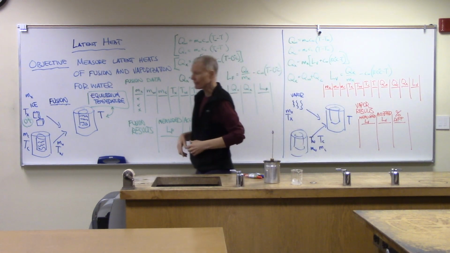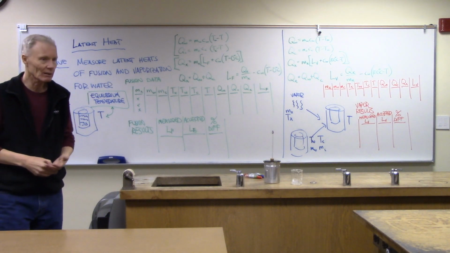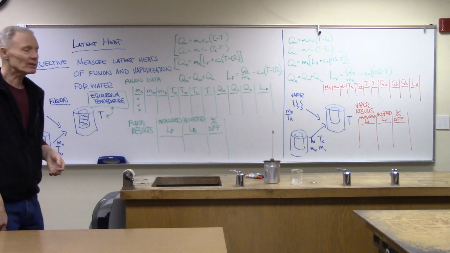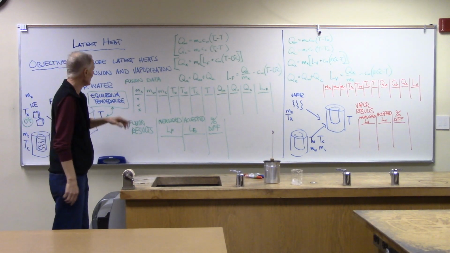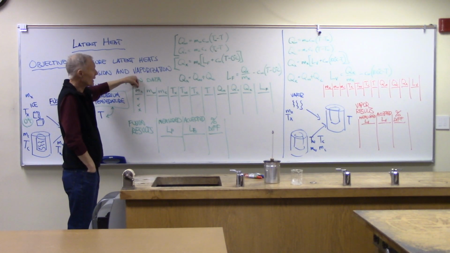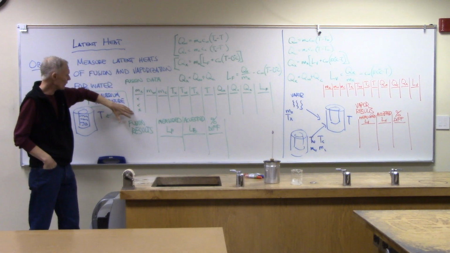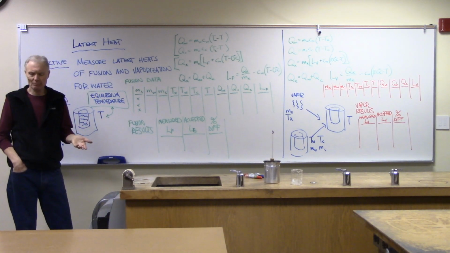The data tables look kind of like they did with specific heat. We made a big deal of specific heat, that we had a lot of numbers to keep track of. And we have kind of the same thing going on here. We've got the mass of ice that ends up going in. And remember, we don't have that until the end. I put that here at the first of the table just to make it look like the specific heat problem.